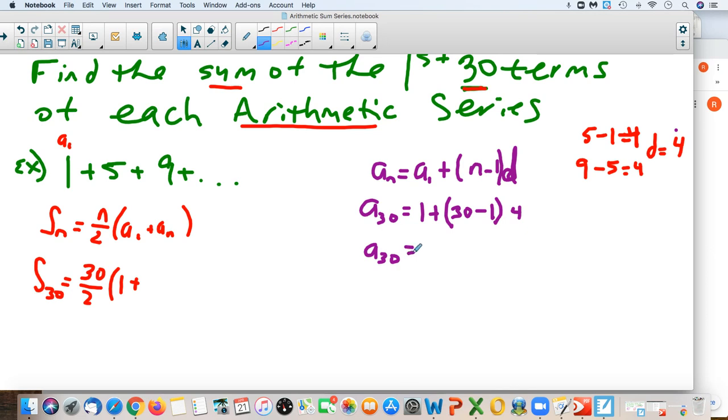So basically it's 29 times 4 plus 1 is 117. Okay? So the 30th term is 117.